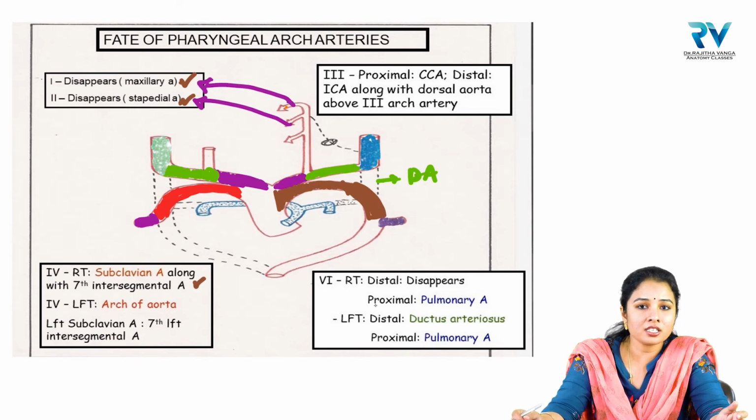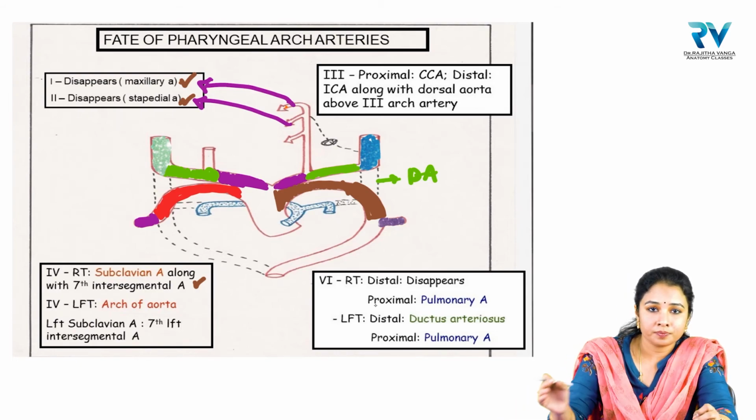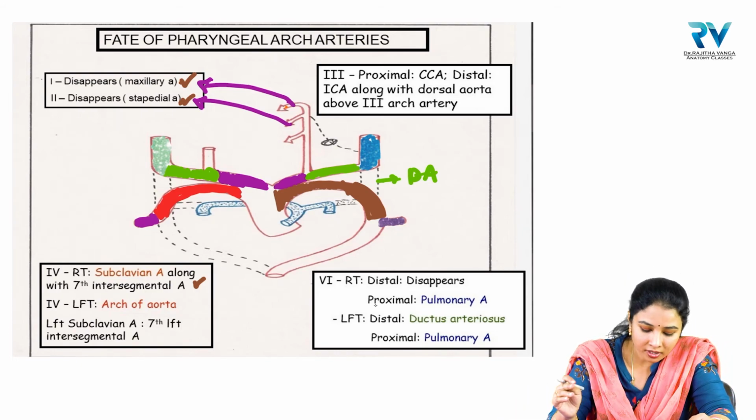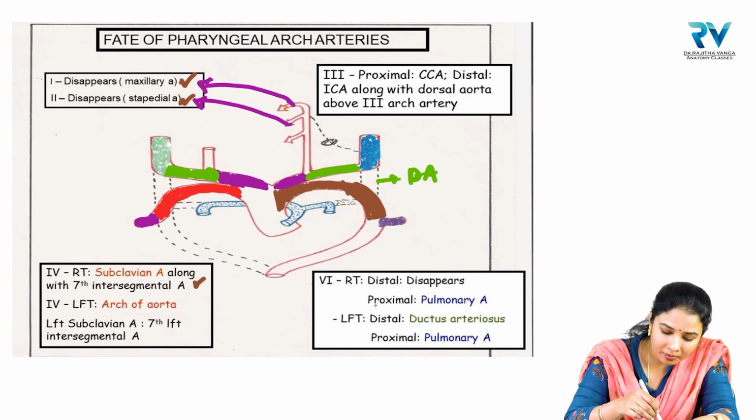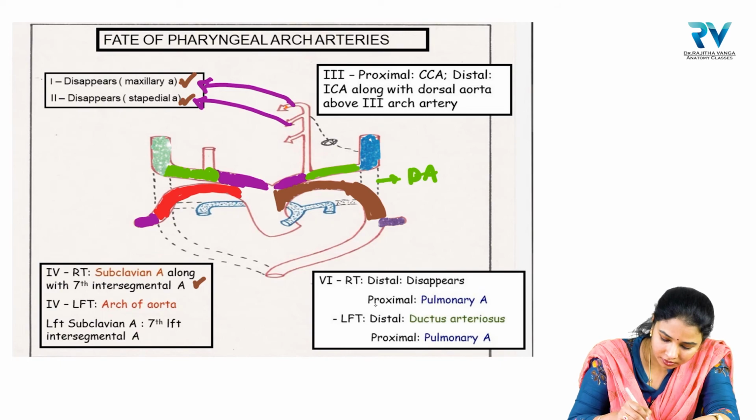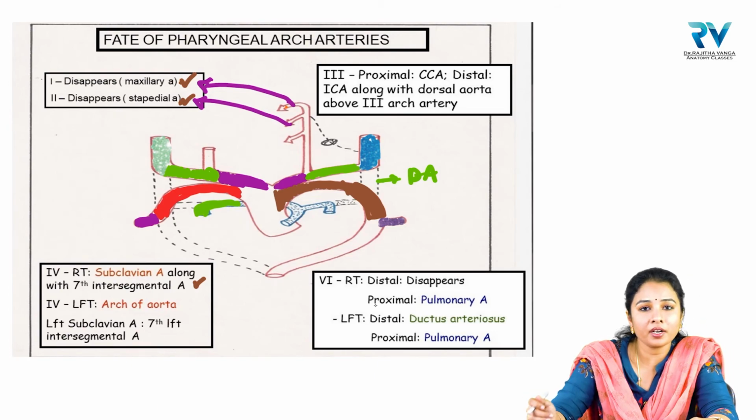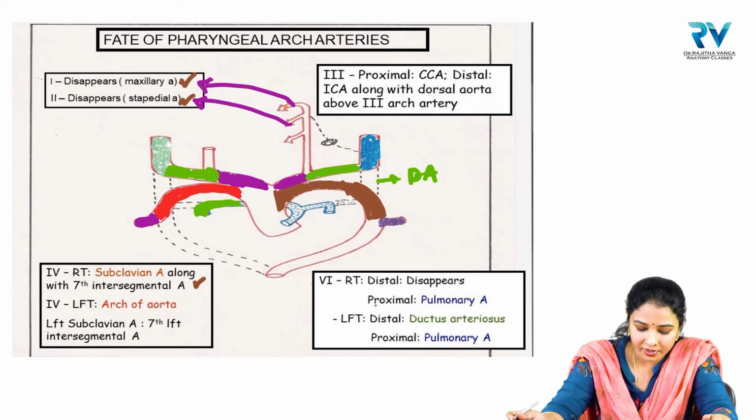The sixth arch artery on the right side forms the pulmonary trunk, that is the proximal part of the pulmonary trunk. So here we can see it forms the pulmonary trunk on the right side, whereas the distal part, which is shown as dotted lines, will disappear and disintegrate.